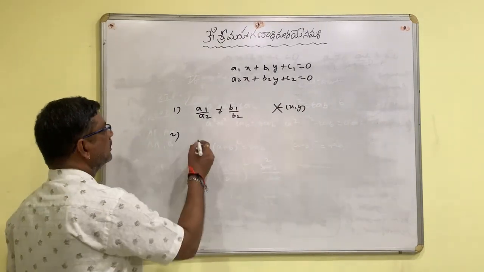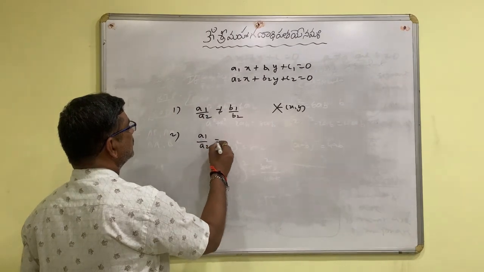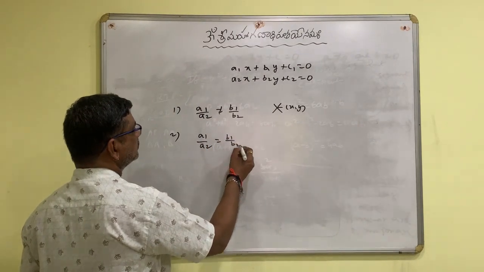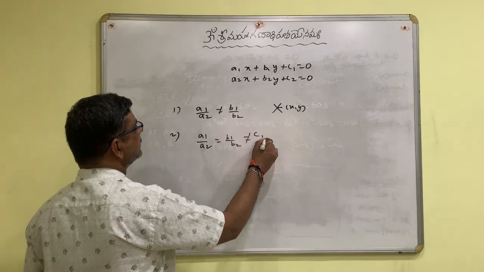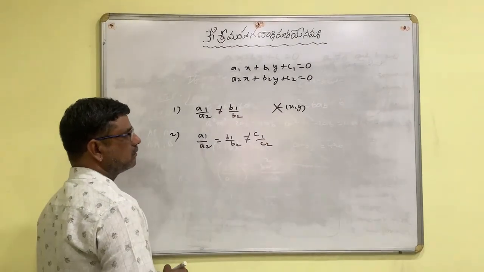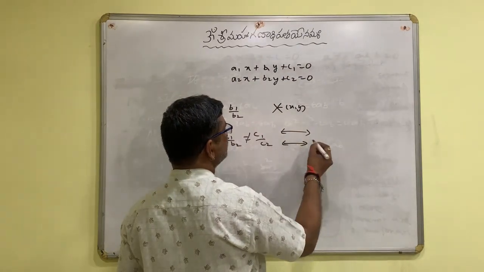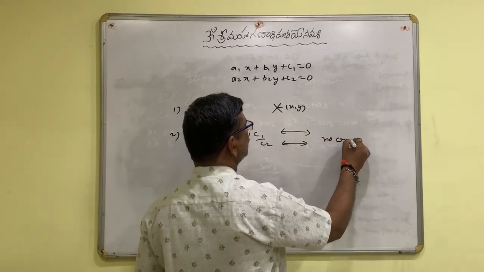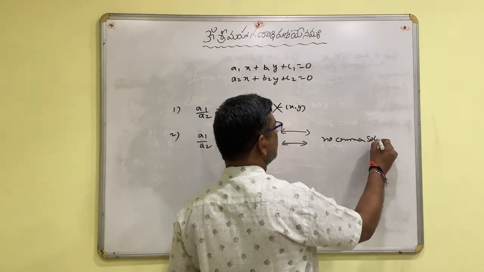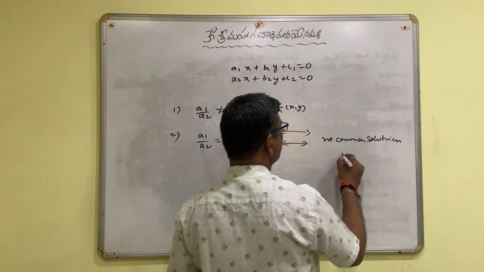Now, if A1 by A2 is equal to B1 by B2, not equal to C1 by C2, then the given pair are parallel lines, with no common solution. So it is an inconsistent pair.